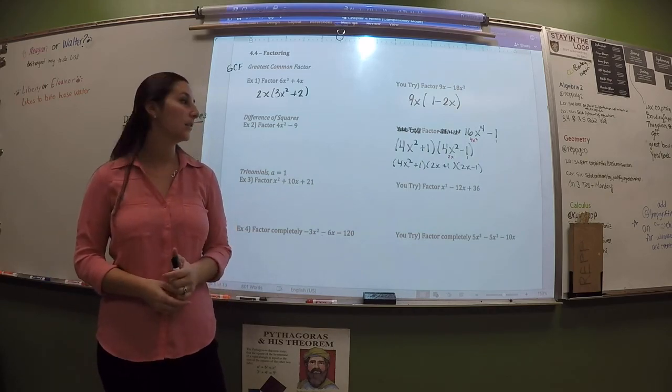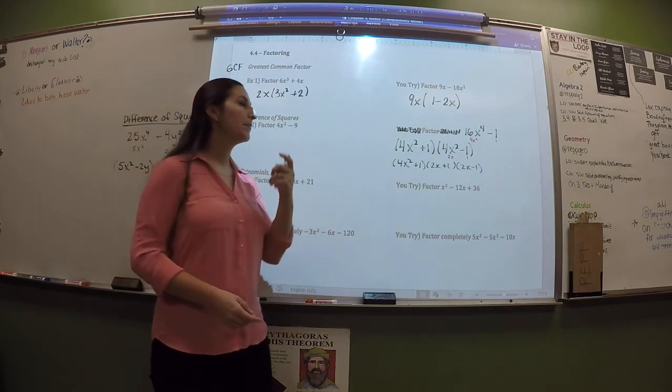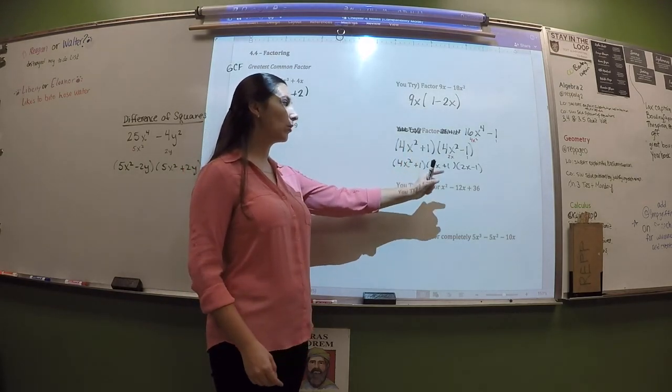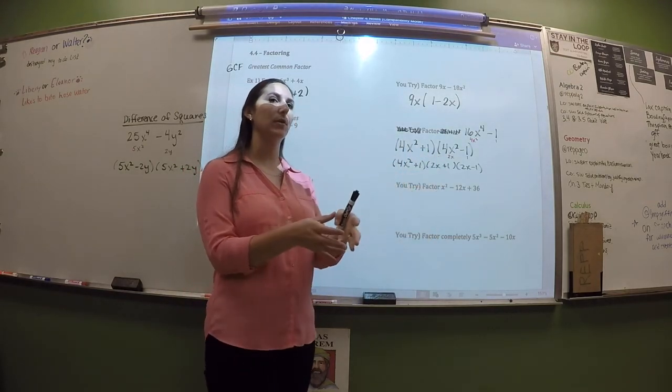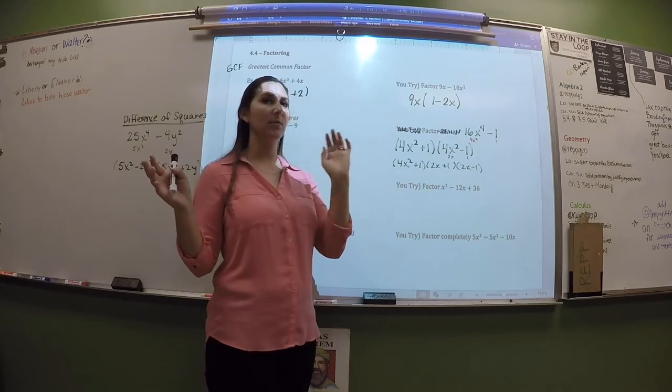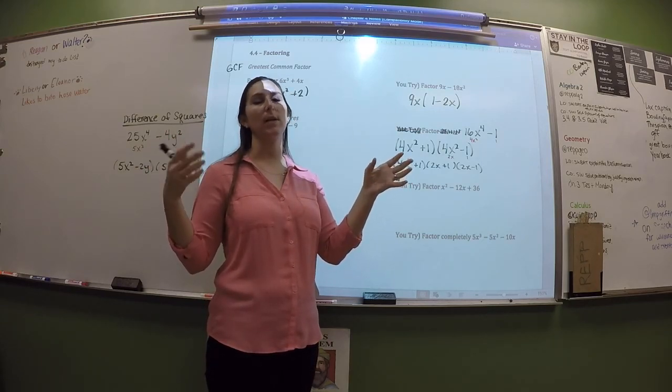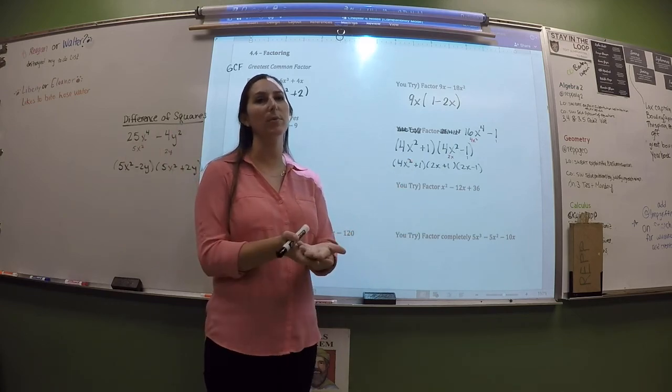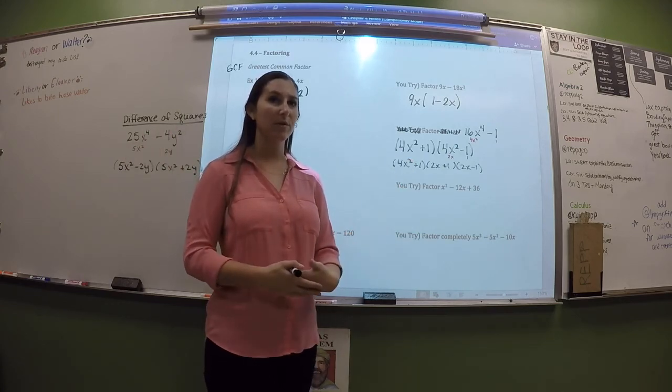Yes? How come it's only with subtraction? Because in order for us to not have that middle term, in order for it to just be a binomial, one of the terms has to be positive and one has to be negative. Because for example, when you take 1 and negative 1 and put them together, you get 0. So there's no middle term.